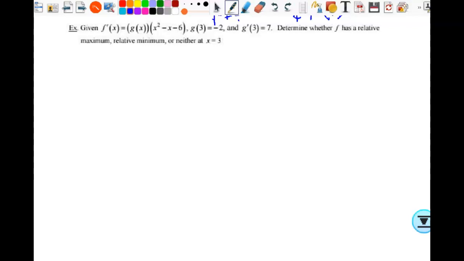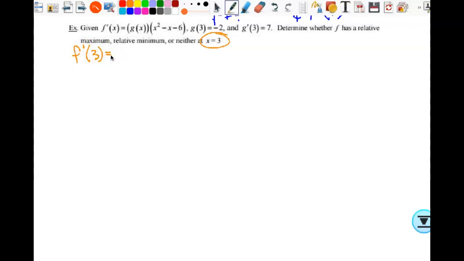Now, because they give me this, do I have to find the zeros of the first derivative? No, because that was like on the first one, right? But I do have to show that it is a 0, right? And they already gave me the first derivative. I don't even have to find the first derivative. So that's nice. So let's find f prime of 3.